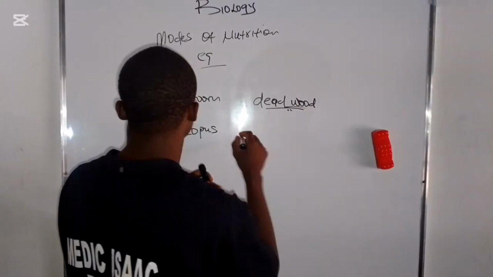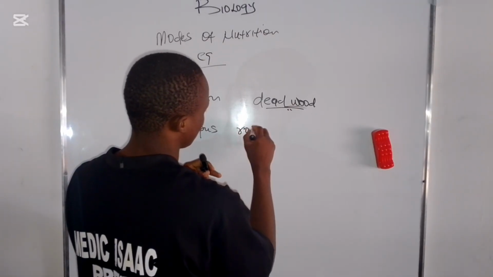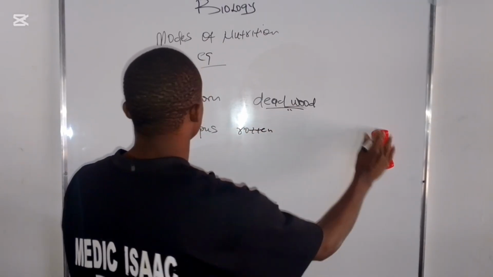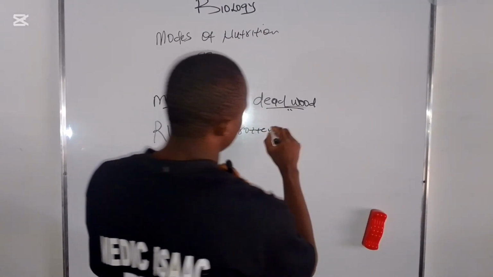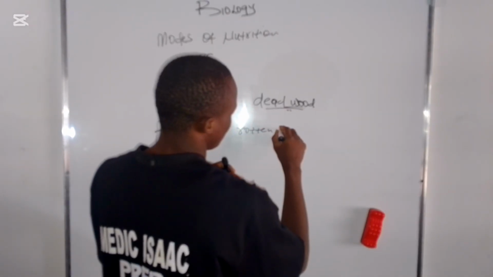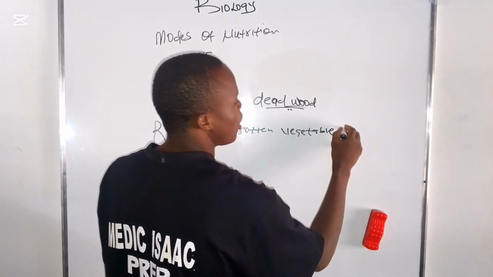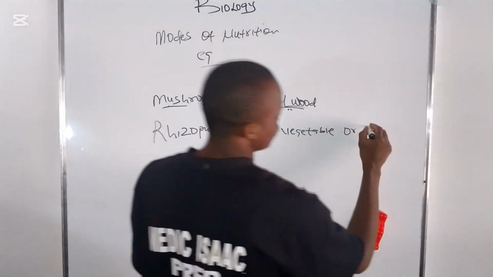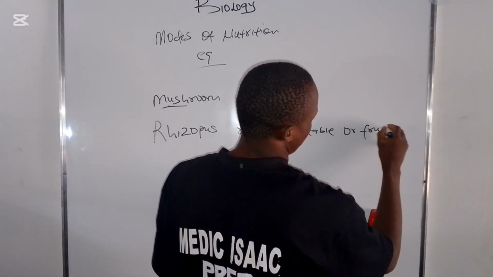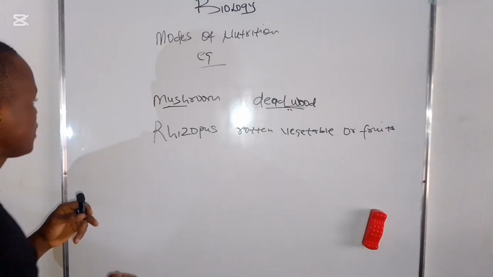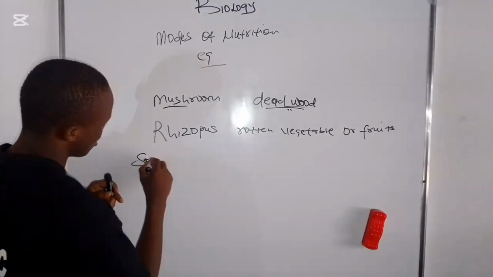This one feeds on rotten vegetable or fruit. Right? Next is some bacteria.